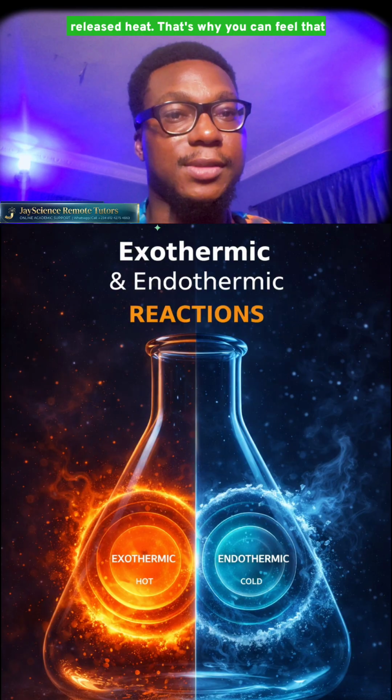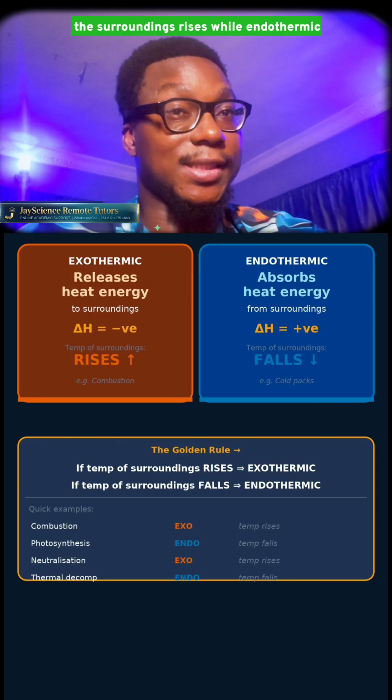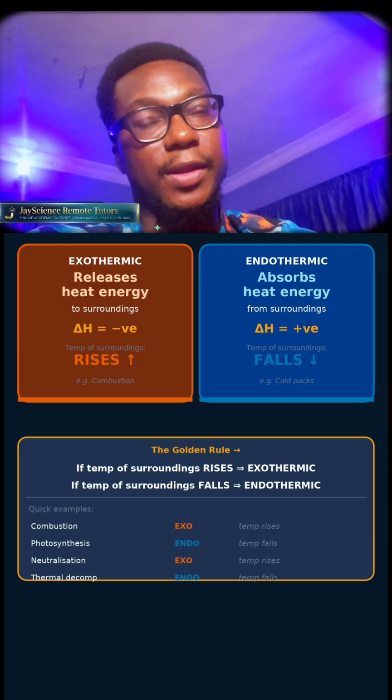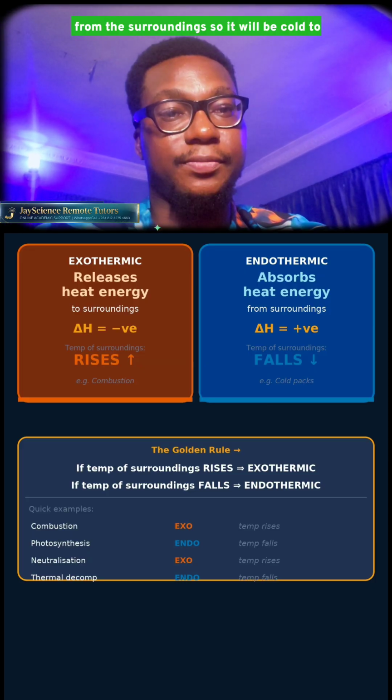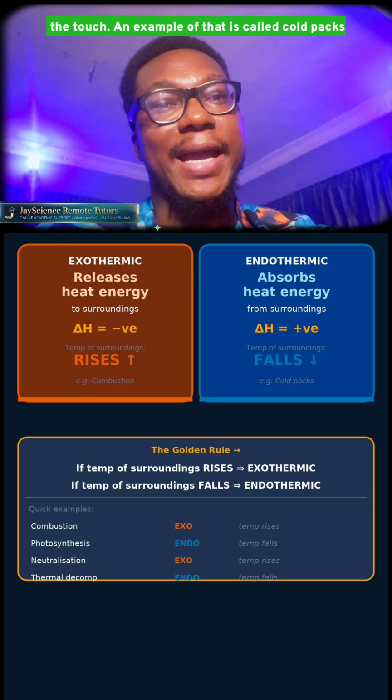That's why you can feel that. Example, combustion. So the temperature of the surroundings rises, while endothermic absorbs heat from the surroundings, so it will be cold to the touch. An example of that is cold packs.